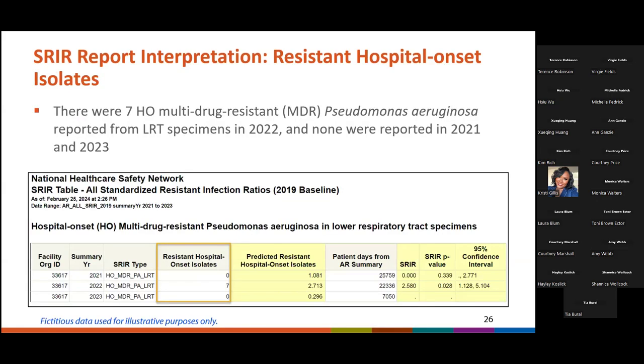Now looking at the resistant hospital onset isolates column, we can see that there were 7 hospital onset multi-drug resistant Pseudomonas aeruginosa reported from lower respiratory tract specimens in 2022. None were reported in 2021 or 2023.